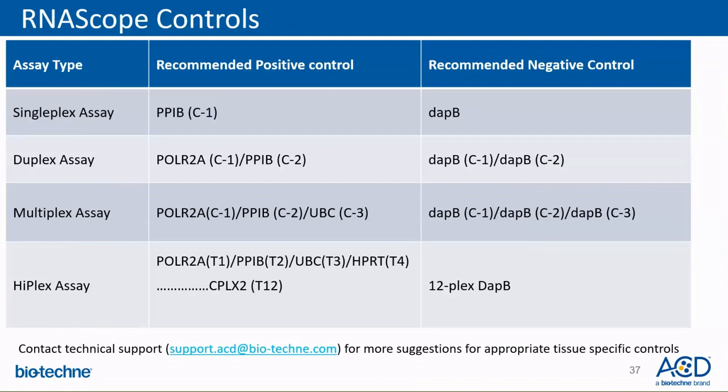For duplex assays, we recommend using a 2-plex positive control, POLR2A and PPIB, and 2-plex DapB negative control. For multiplex assays, we recommend a 3-plex positive control comprising POLR2A, PPIB, and UBC, and also a negative control comprising 3-plex DapB. Similarly, the high-plex assay includes a 12-plex positive control pool and a 12-plex DapB negative control pool.